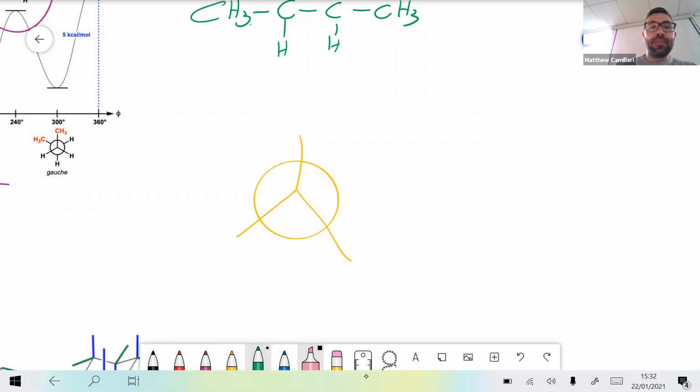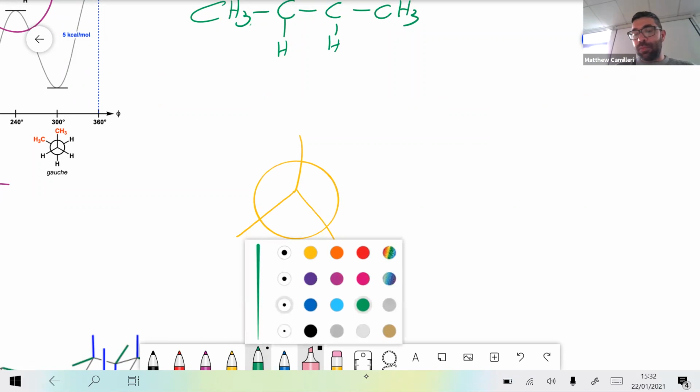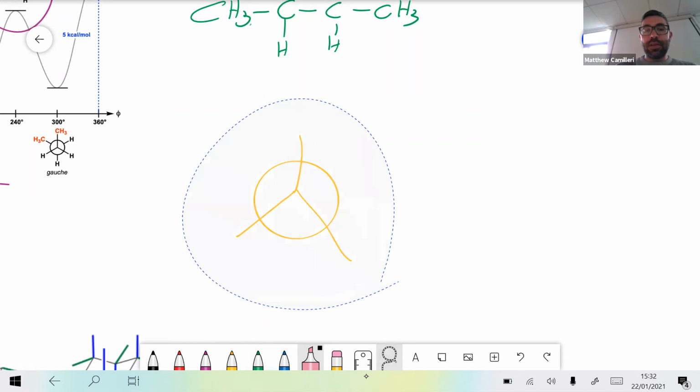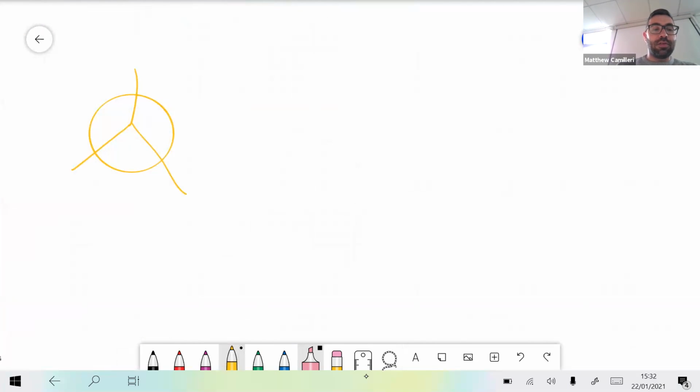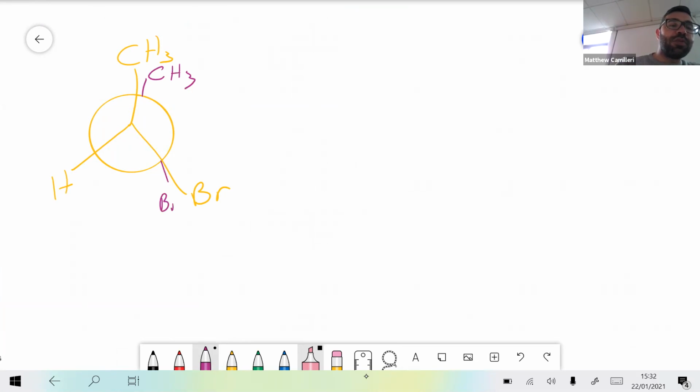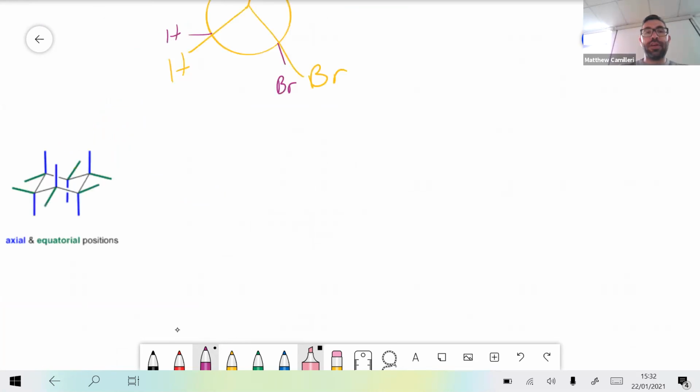Because I'm lazy, I will be copy and pasting that all throughout the place. So we have CH3, Br, hydrogen, and then I would do the eclipsed, and this would be my highest energy point.